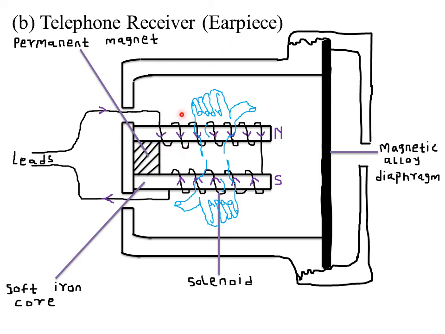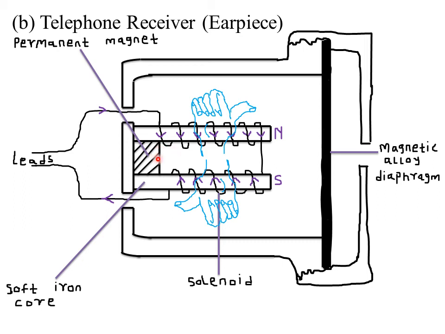So when that current flows into the earpiece, remember, a conductor carrying current has a magnetic field around it. And we also have a soft iron core here. Then we have a permanent magnet here, which means this permanent magnet also has its own magnetic field.